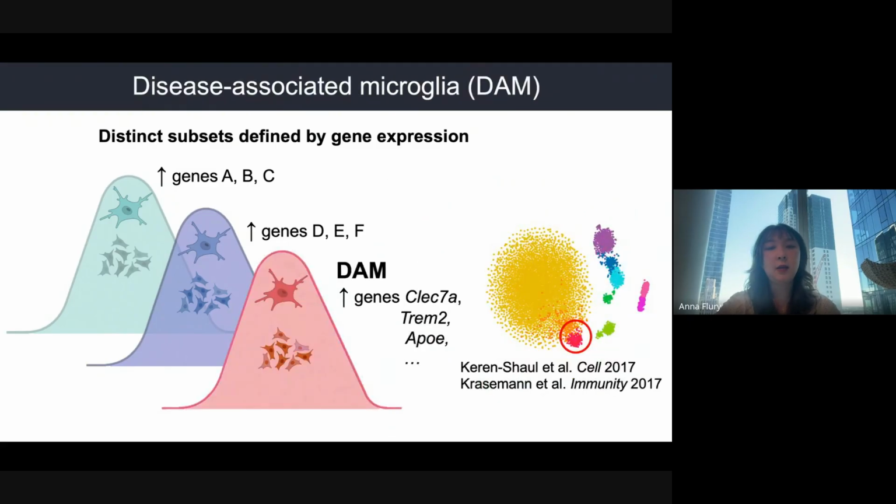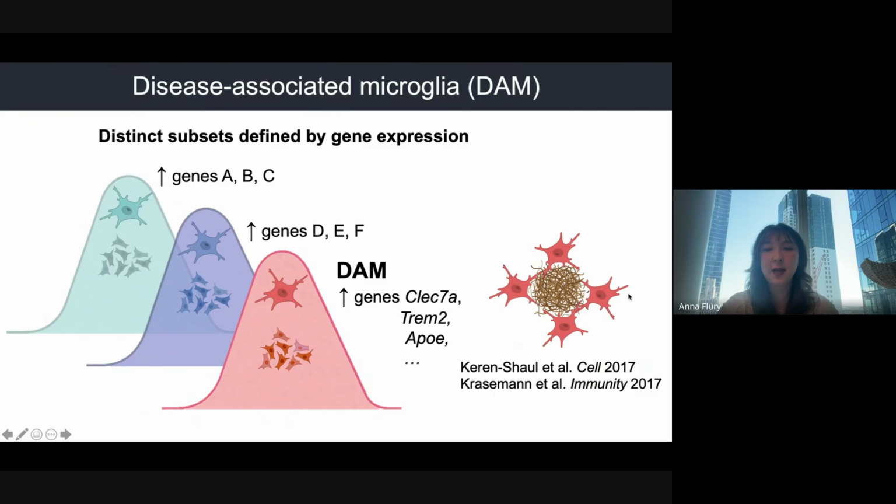And in microglia, there is a subset that emerges known as disease-associated microglia, and this was described in 2017 independently by two different groups. This disease-associated microglia subset has a unique gene expression and emerges in Alzheimer's disease. And this subset is pretty much exclusively found surrounding amyloid plaques. So most of the microglia around these plaques will be disease-associated microglia.